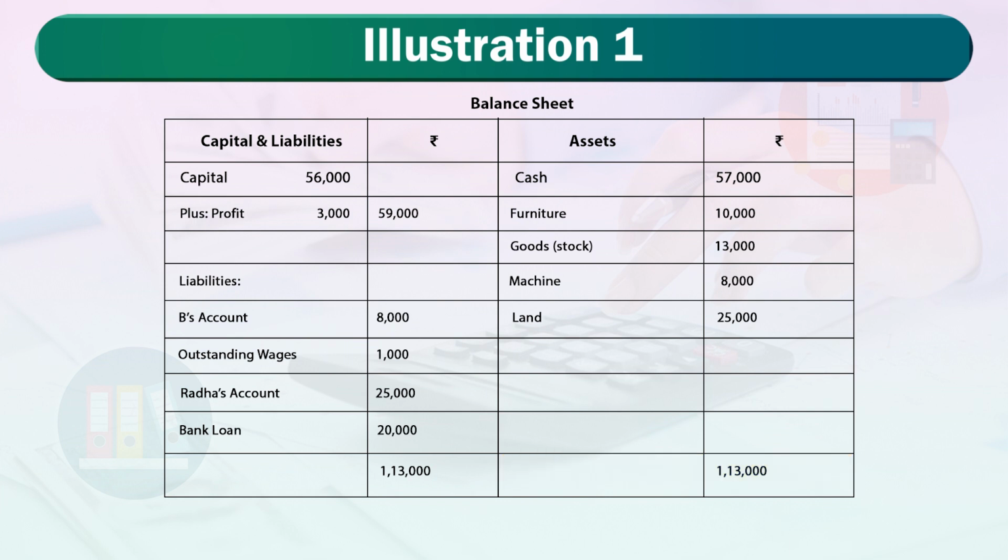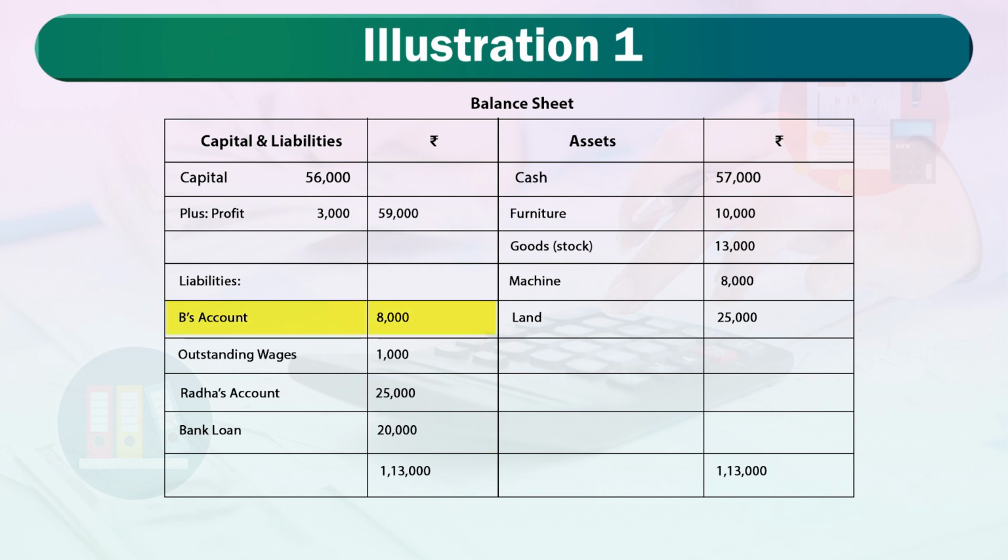Now, the next column in our previous table was of capital of 56,000 plus the profit of 3,000, which makes a total of capital as 59,000. Now, we are left with the liabilities. We have 4 different columns of liabilities in our previous table, that is B's account, outstanding wages, Radha's account and bank loan account.